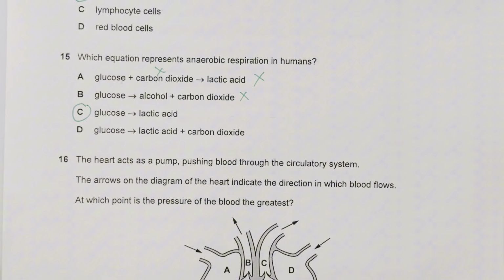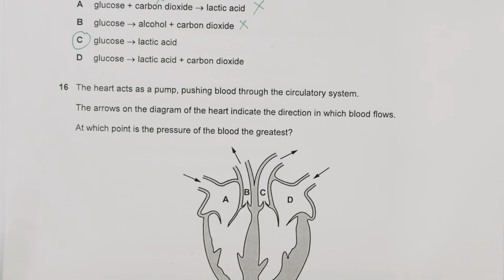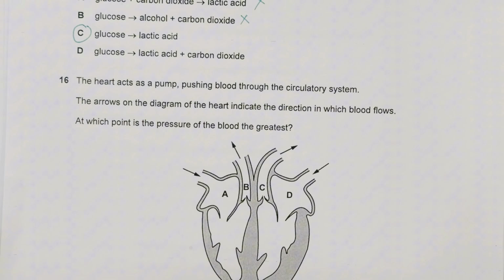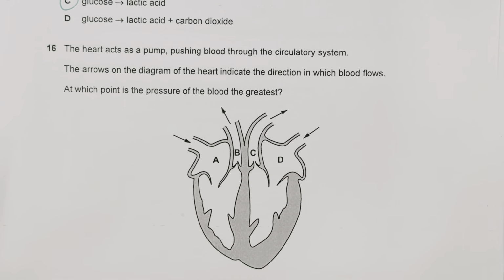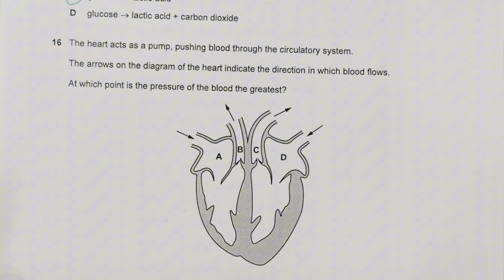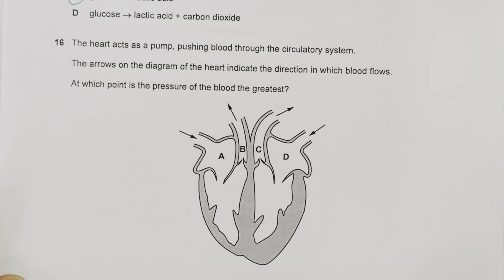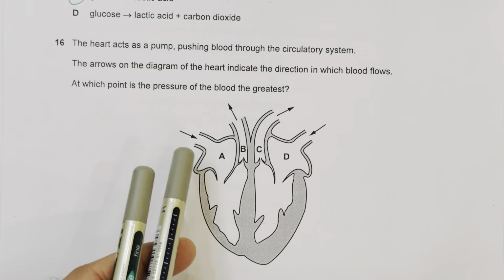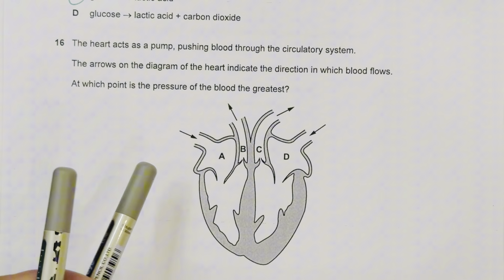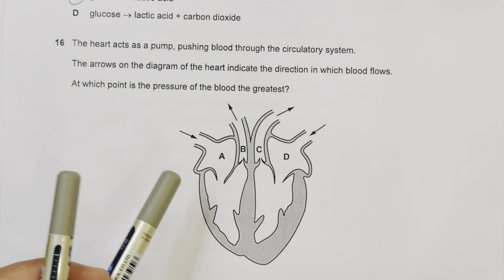Moving to question number 16, that the heart acts as a pump pushing blood through the circulatory system. The arrows on the diagram of the heart indicate the direction in which the blood flows, at which point the pressure of the blood is the greatest. Okay, we should know that this is the pulmonary, this is the vein, the major vein, that is vena cava.